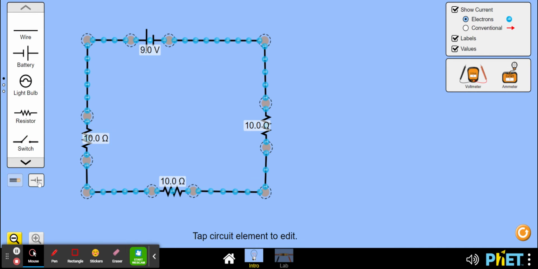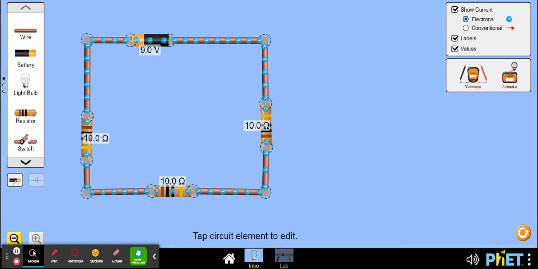The nice thing about this is we can choose the textbook look, where everything is represented abstractly. This is what a battery looks like. The negative end is the short stick, and the positive end is the long stick. In a battery, let's go back here again, there's some kind of chemical reaction taking place inside that pumps electrons from the positive end to the negative end.